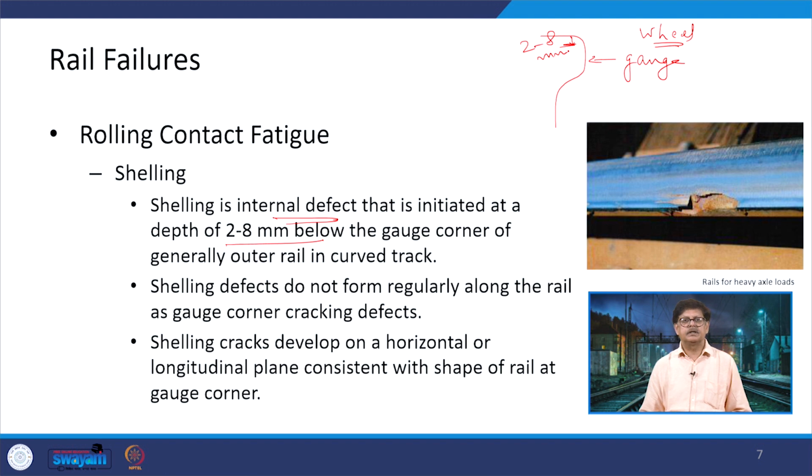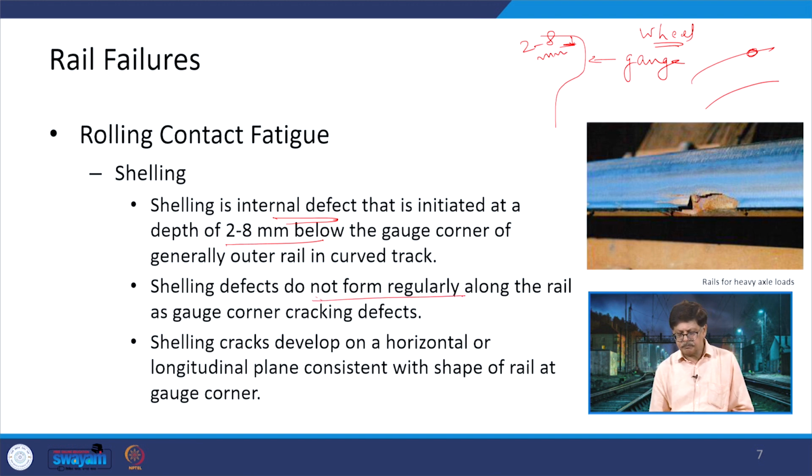And generally it occurs in the outer rail in the curved track. So, as we discussed, because there is going to be higher pressure on the outer rail, it is going to occur there more. Shelling defects do not form regularly along the rail as gauge corner cracking defects do.